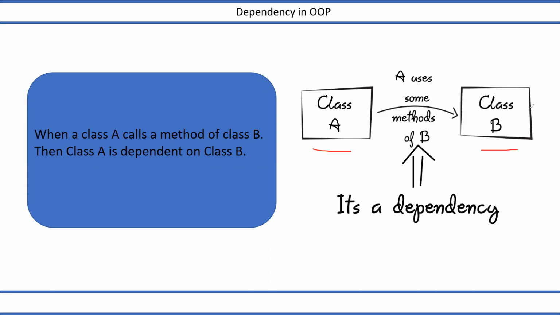We have class A being able to make a call to a method that is located in class B. So basically, that is an example of saying class A depends on class B, because class A is getting methods from class B. This is what we'll be looking at when we are talking about dependency.